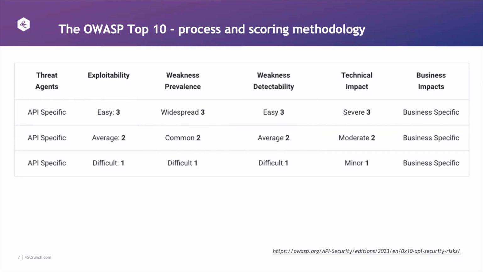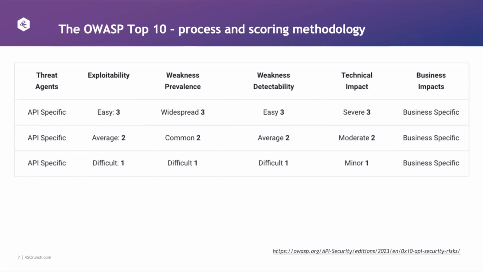Now, the way they do this is they look at 3 categories. They score the vulnerabilities on a 1 to 3 scoring scale. And they look at topics like, coming across that top bar, start with the exploitability. So if something is really easy to exploit, it scores high. It scores low if it's difficult. If the weaknesses are widely spread, it scores higher.